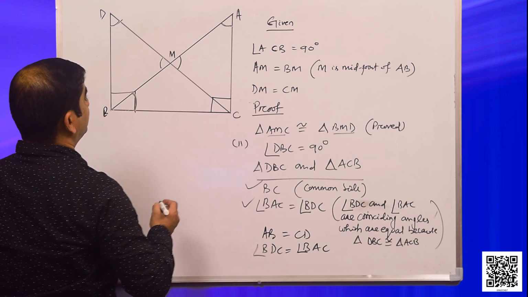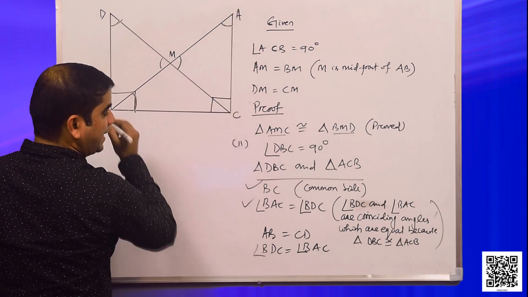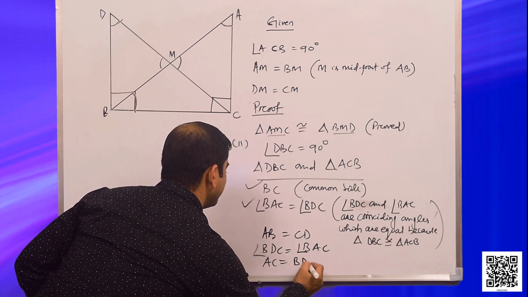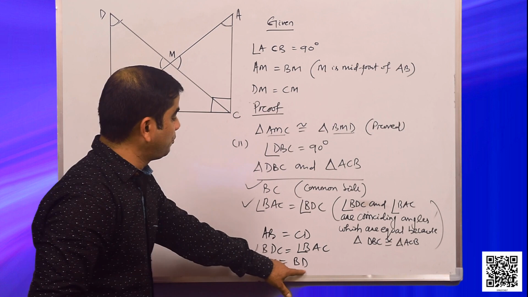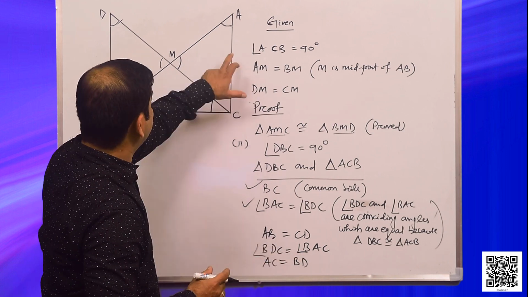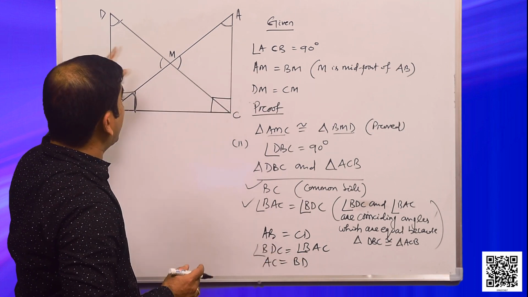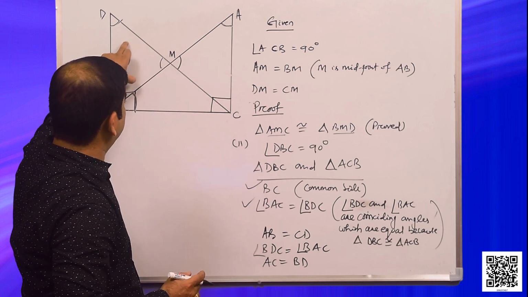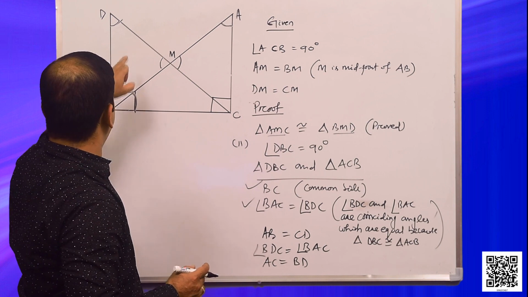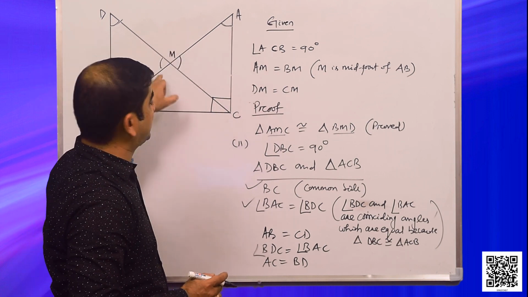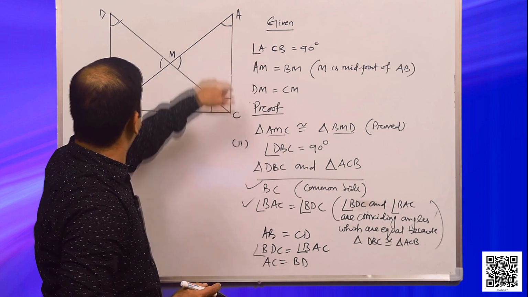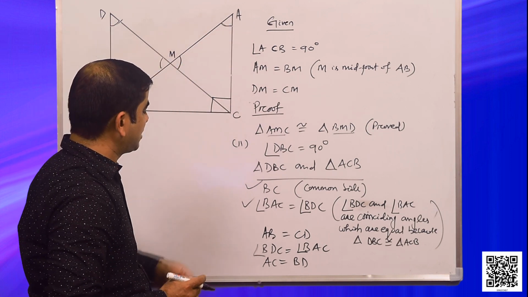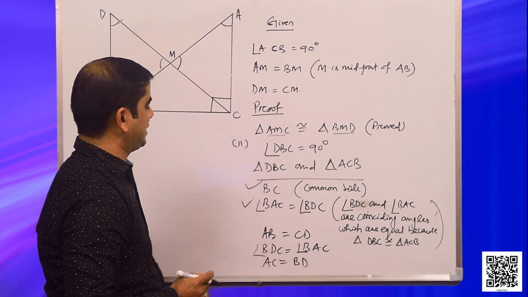Now we have AC is equal to BD. Why? Because AC and BD are the corresponding parts of the congruent triangles BMD and AMC. So they are equal. AC is equal to BD.